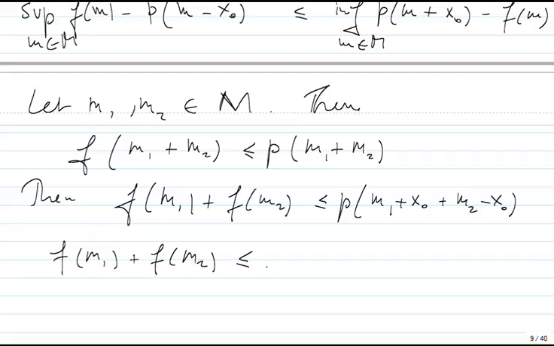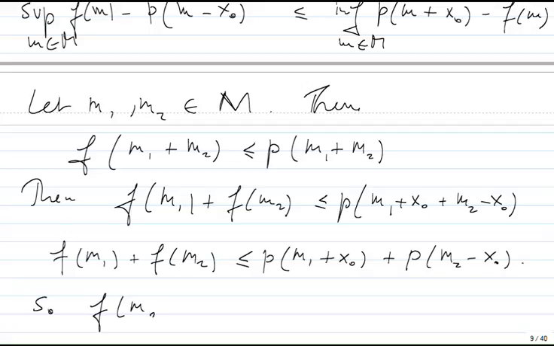So this is less than p of m1 plus x0 plus p of m2 minus x0. Okay? So f of m2 minus p of m2 minus x0 is less than p of m1 plus x0 minus f of m1.